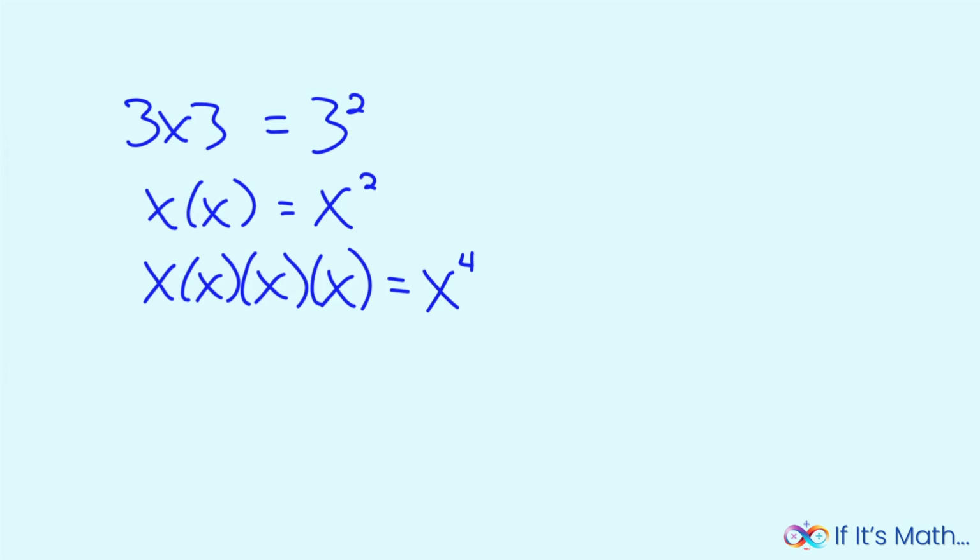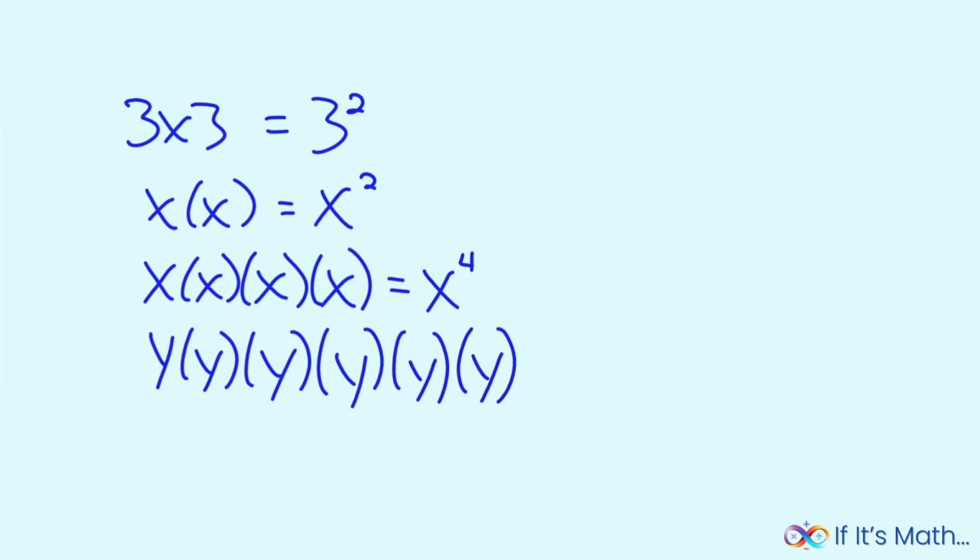So if we have y multiplied by itself a whole bunch of times, say that we had that. Again, you're going to take your base, because everything here is y's. It only works if everything's exactly the same. So we've got that base is going to be y.